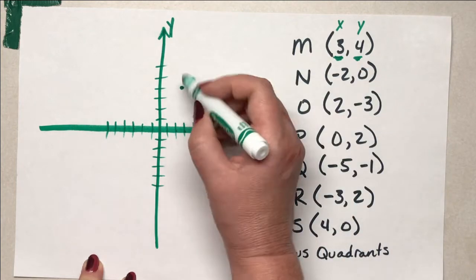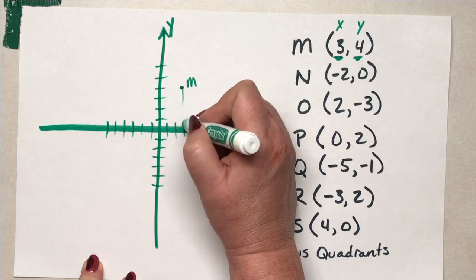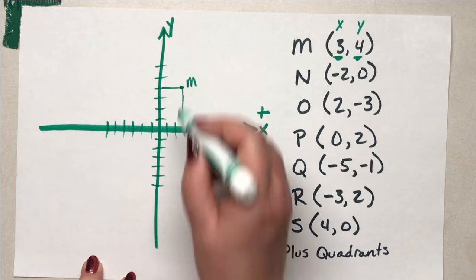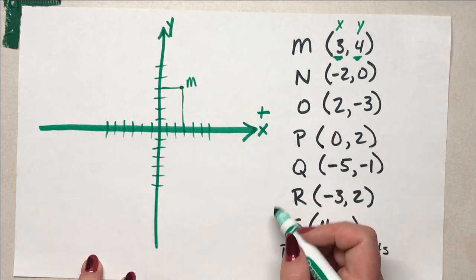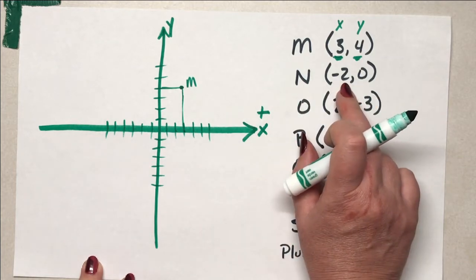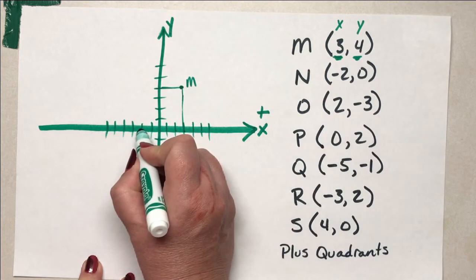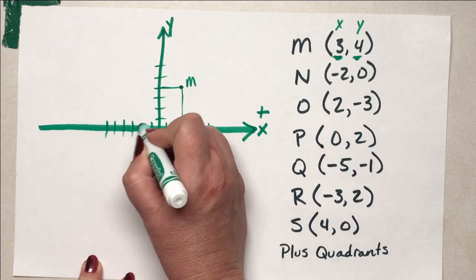The dot, however, goes right where, especially if you're working on graph paper, right where this line and this line meet. That dot has to go in the corner. For N, we're going X in the -2 direction, 1, 2, and we're going to go up or down 0, which means that point is here.